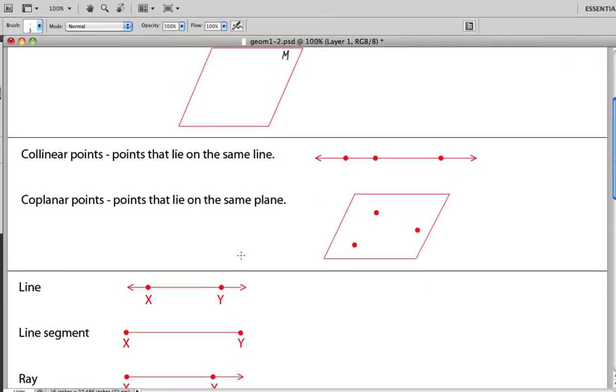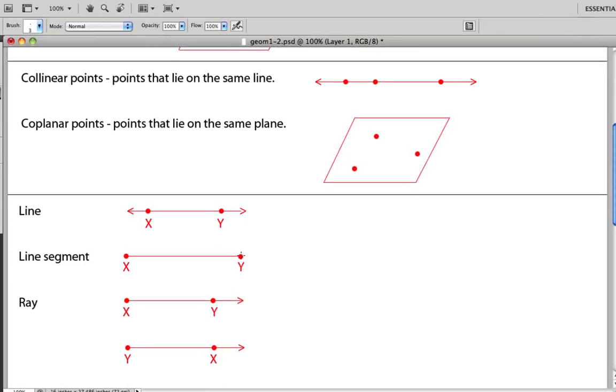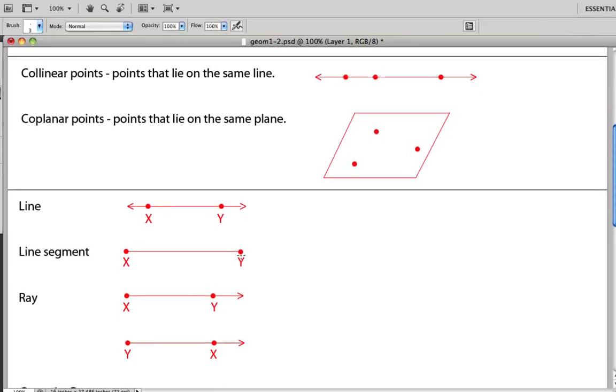Next, we have collinear points and coplanar points. When you see co, think of the word same. So collinear points are points that lie on the same line. So we would say that points A, B, and C are collinear.